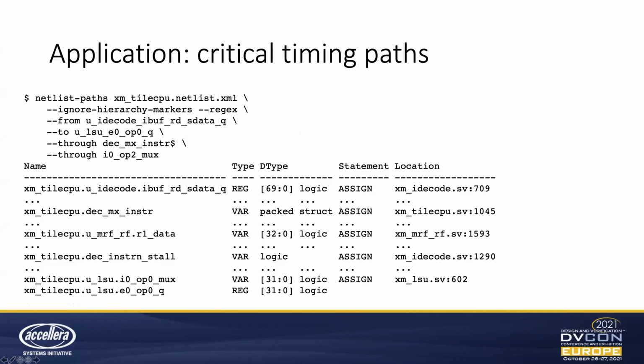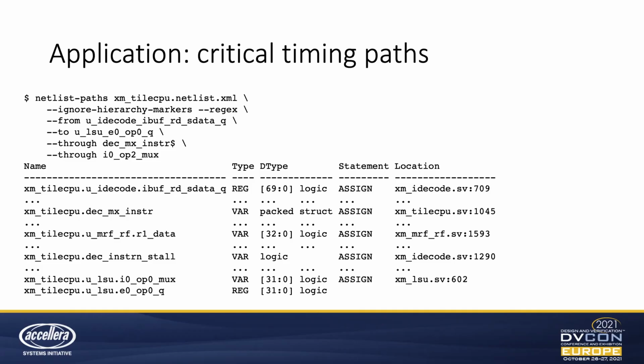What that returns is a path between those points, going through those intermediate nets. Again, it's too much to fit on the slide, but what you have here is a complete description of how that path traverses through various different modules.